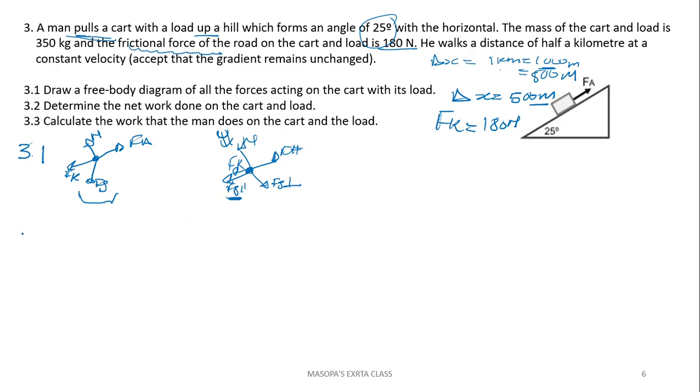Question 3.1.2: determine the net work done on the cart and the load.